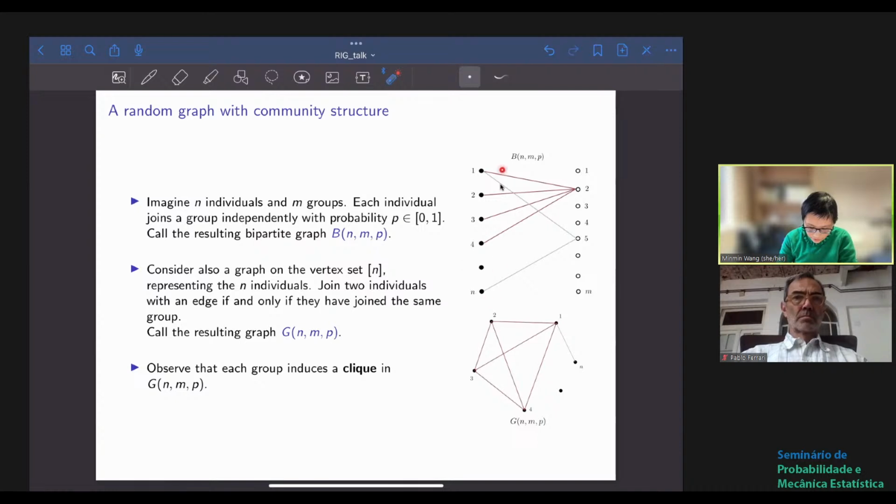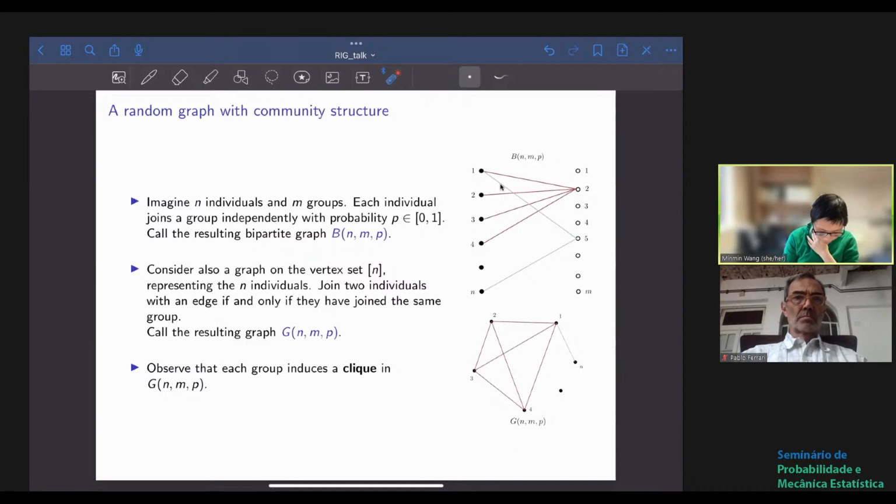The black vertices are the individuals, so there are n of them, and the white vertices are the groups, so you have in total m of them. In this example, you have in total 6 edges. I'm going to call this random bipartite graph B(n, m, p).